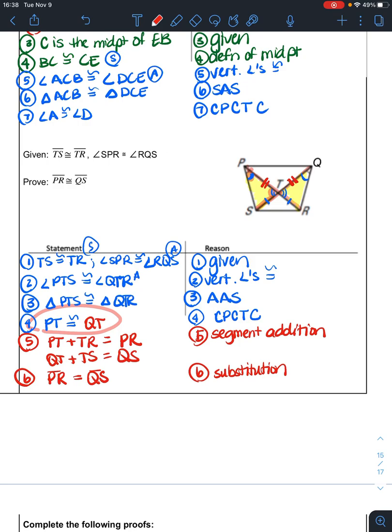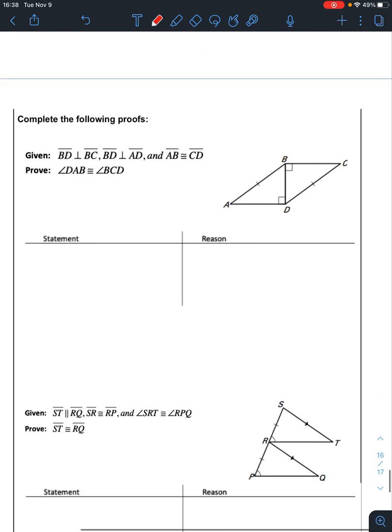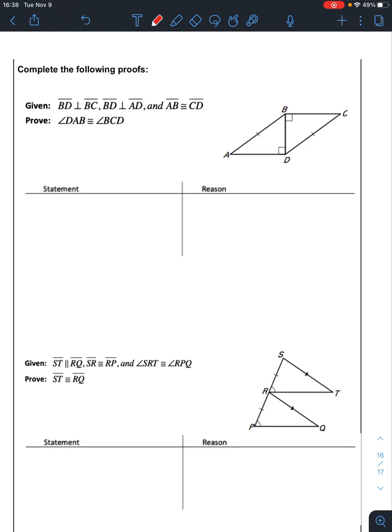I could set those equal to each other, and then I could subtract and use substitution to get PR is equal to QS. You won't ever be asked to prove anything that difficult on your own, but that is something that pulls everything together that we've been talking about this unit.